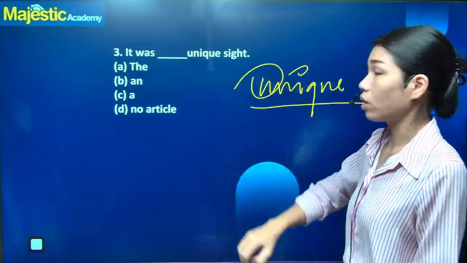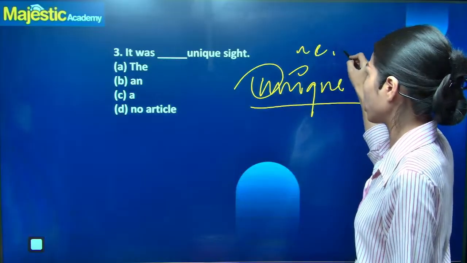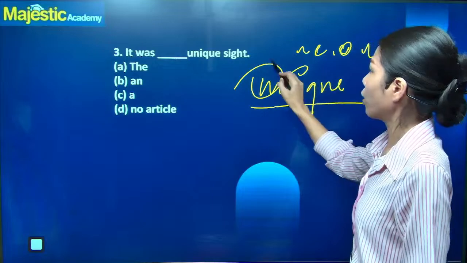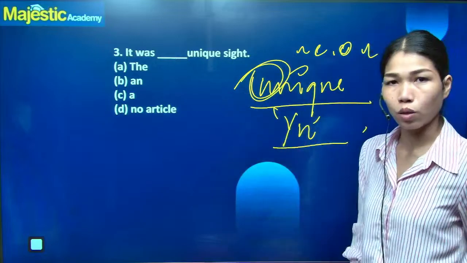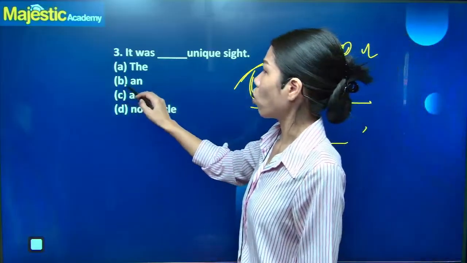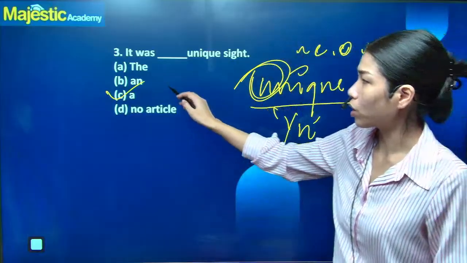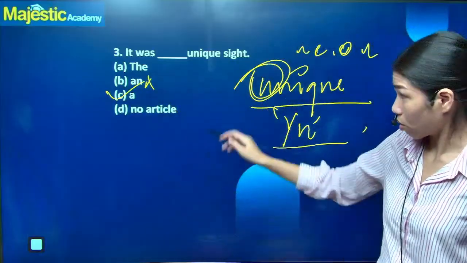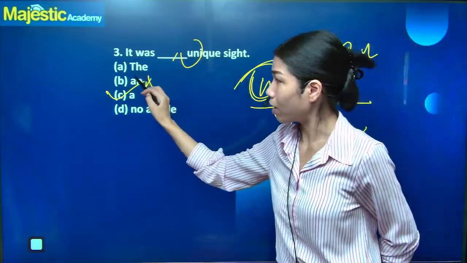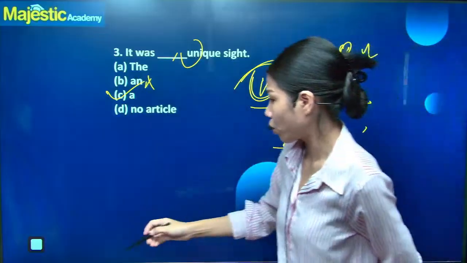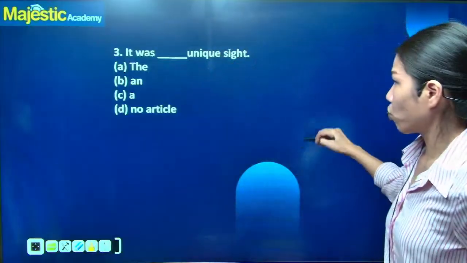No doubt this word starts with a vowel letter, a, e, i, o, u, but we pronounce it with a consonant sound. So we will not put an here. The answer is: it was a unique idea. Let's move to the next question.